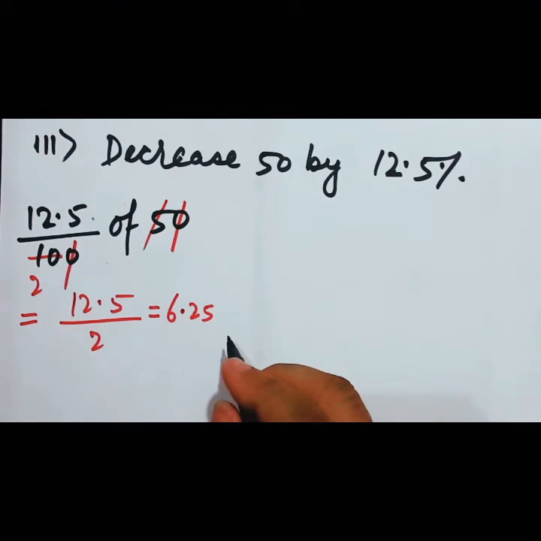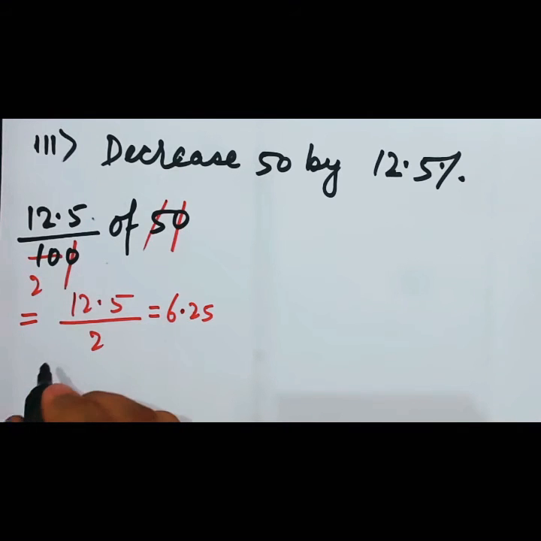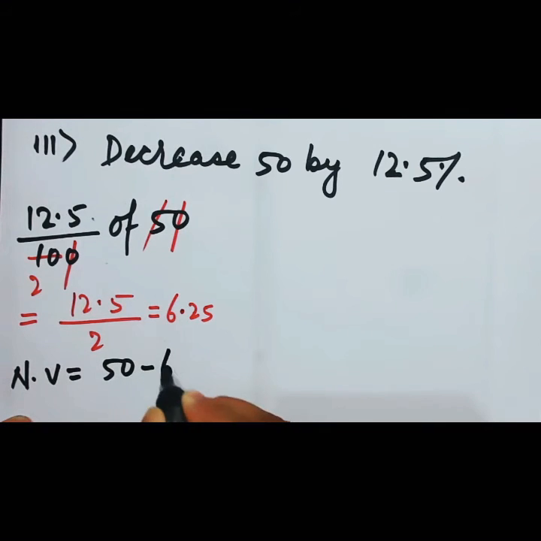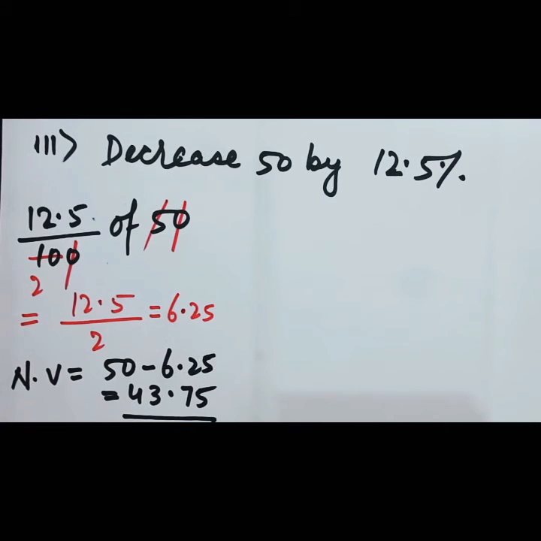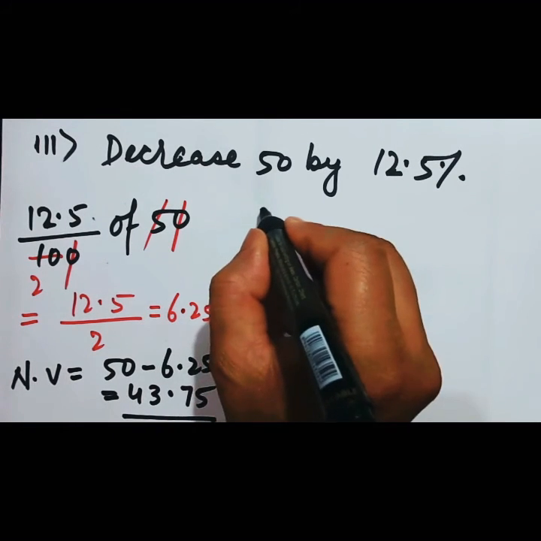Now, since you are decreasing a value by 12.5%, the new value will be equal to 50 minus 6.25. So 50 minus 6.25 will be equal to 43.75. I think you know how to subtract. At least you know this.